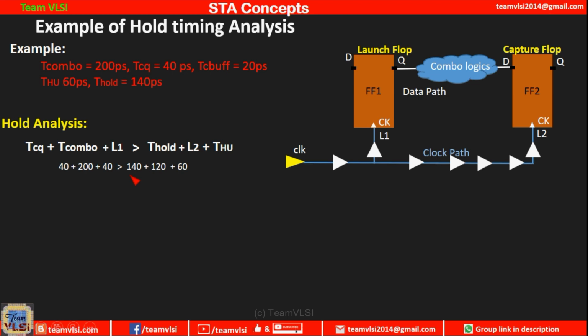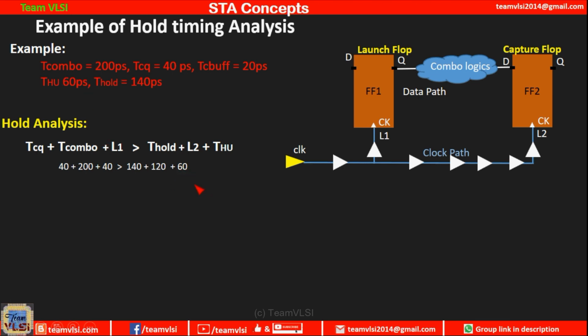For 40 ps, L1 should be greater than the hold time of this flip flop, which is given here as 140 ps. So 140 plus L2, because there are 1 2 3 4 5 6 buffers, so 6 into 20, that is 120 ps, plus the hold uncertainty of 60 ps.